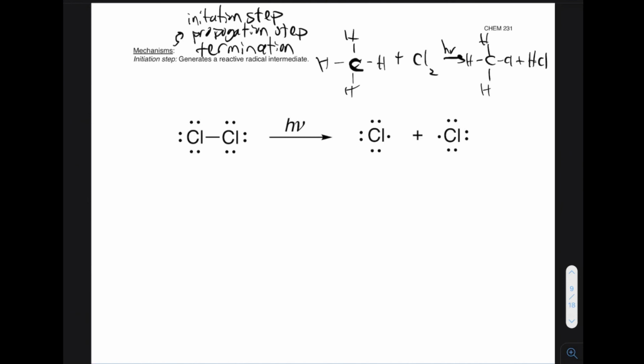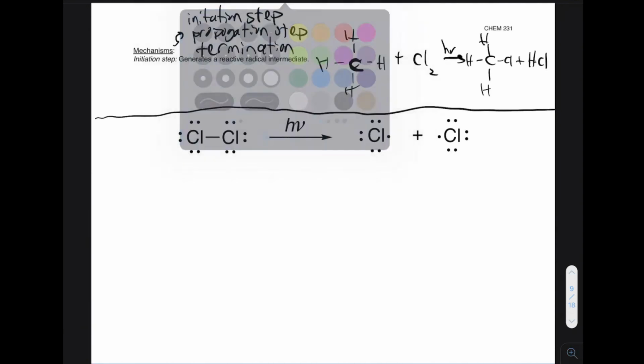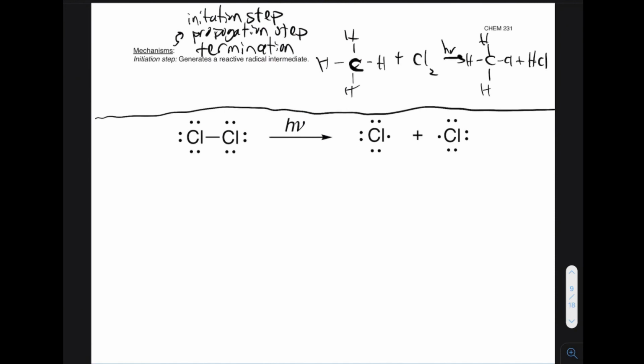So the first thing that happens is we have our initiation step, right? And as it says, this generates a reactive radical intermediate. And kind of like we've already discussed, I think I used chlorine as the example. What happens here, and we have to use arrow pushing, right? So the mechanism's arrow pushing has to be shown.